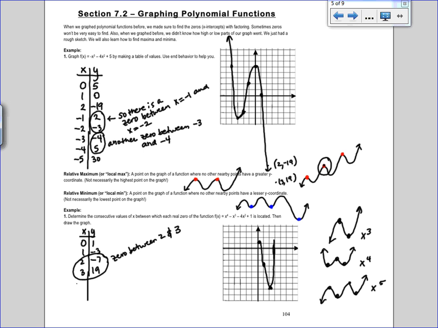All right, let's say I try negative 1. If I try negative 1, I get negative 1. If I try negative 2, I get 9. So I've now gone from negative to positive again, so there's a 0 between negative 1 and negative 2. I'm always staying between the x values.